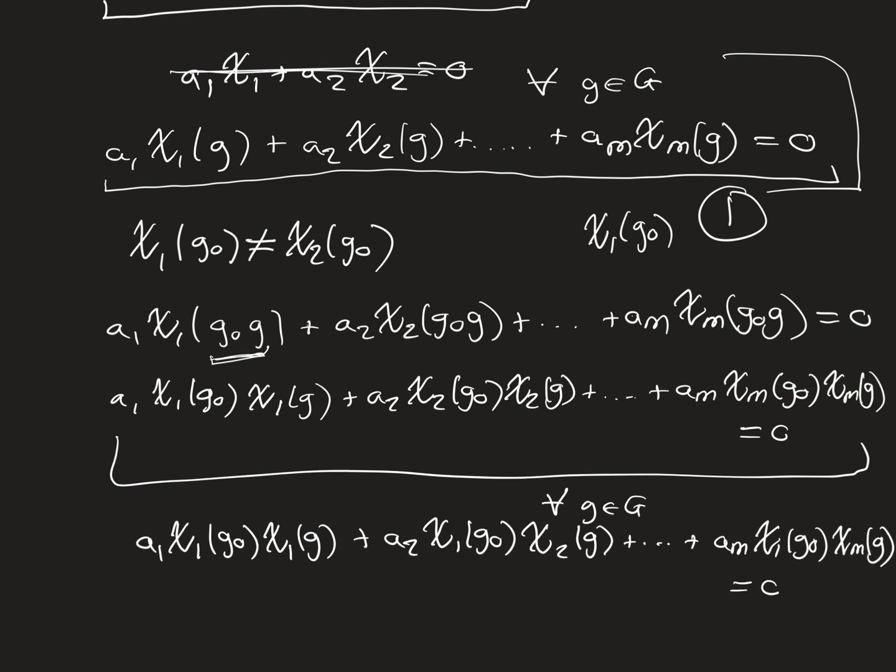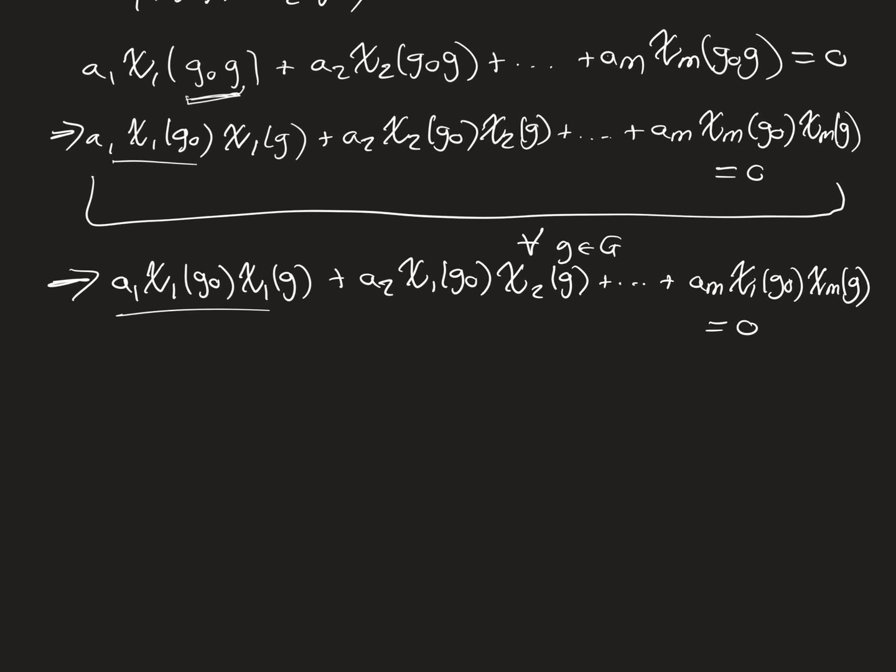And that's going to equal 0. And again, this holds for all g. And now what I do is I take this one here, and I subtract it from this one here. And of course, this term cancels. Well, it's not necessarily the only term that cancels, but you'll see what happens.